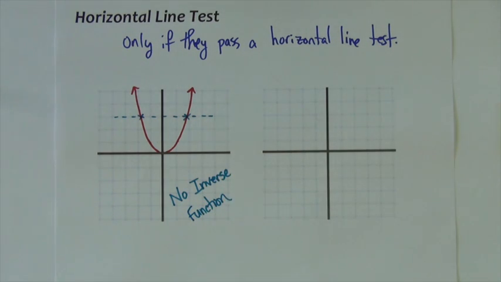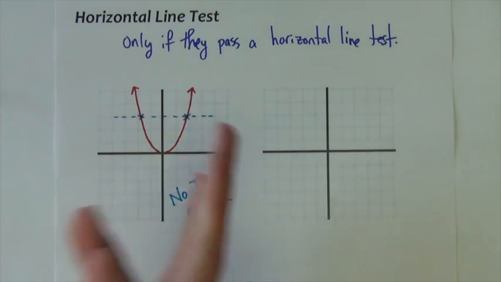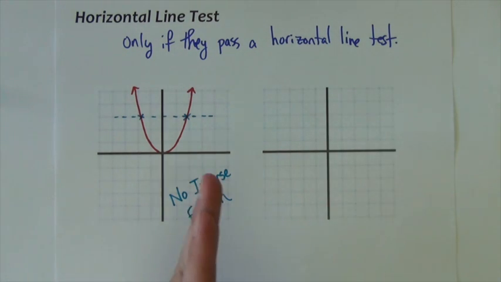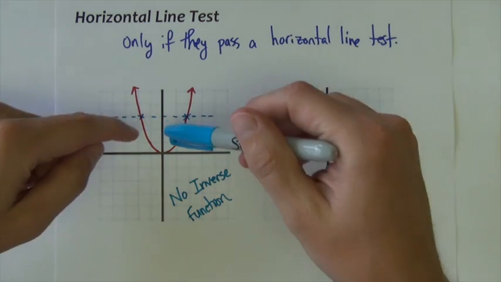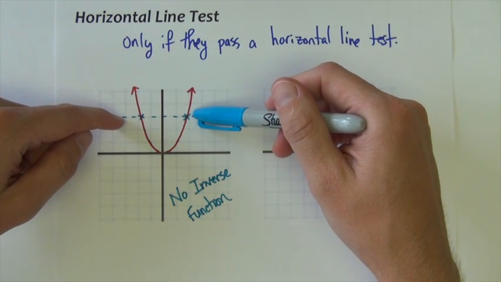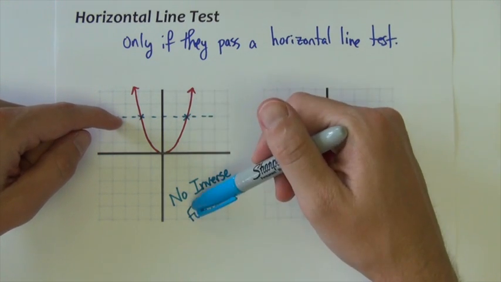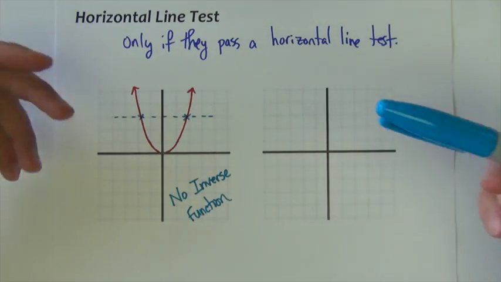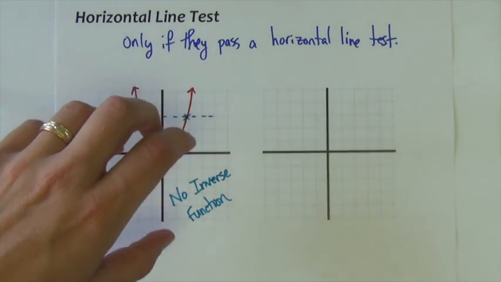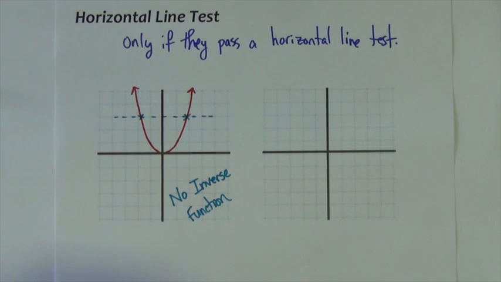You could certainly take the xy points and interchange them, flip them around, and you could get an inverse relation, but that relation wouldn't be a function. That relation wouldn't pass a vertical line test. So if you don't pass a horizontal line test, the implication of that is that your inverse will not pass a vertical line test. Okay, so this particular function wouldn't have an inverse function.